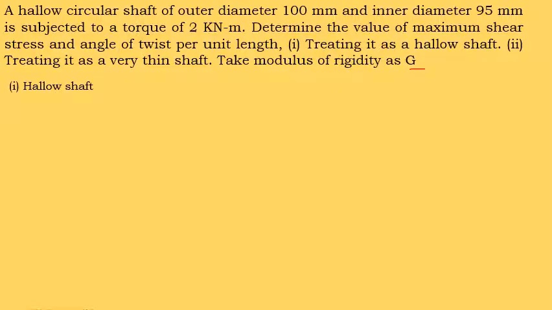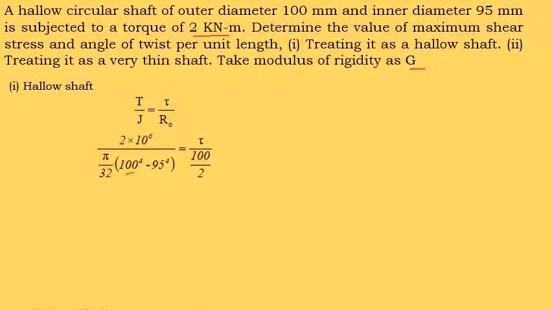So first case is by treating it as a hollow shaft. So we know the general formula for torsion. T by J is equal to tau by R naught for hollow shaft. So T value given in the problem is 2 kilonewton meter, therefore 2 into 10 to the power of 6 Newton millimeter. Then polar moment of inertia for hollow shaft is pi by 32 into major diameter power 4 minus minor diameter power 4.